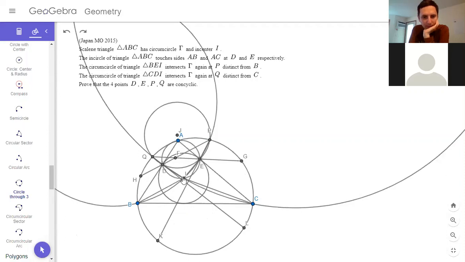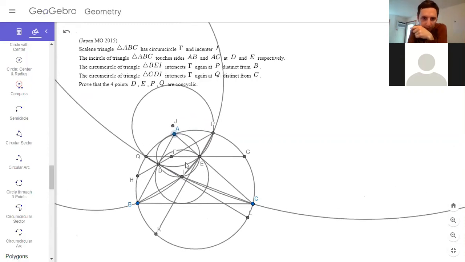Oh, you know what? Let me try something. Basically we have these two circles passing through D and E, right? We have ADIE, and we have the nine-point circle.